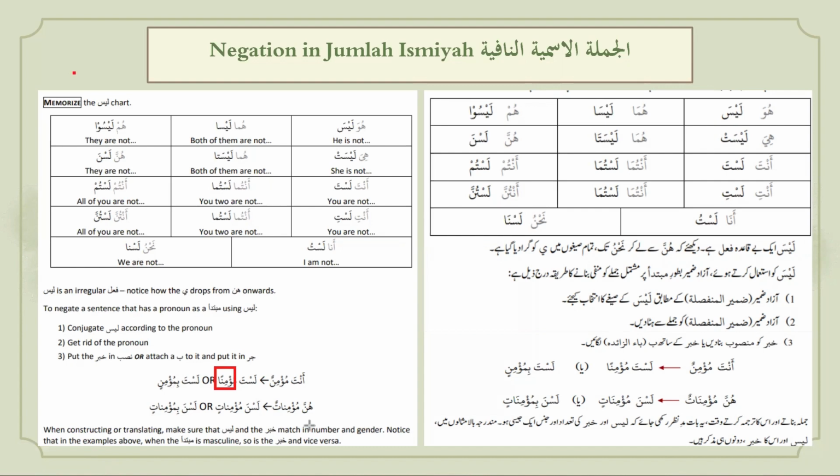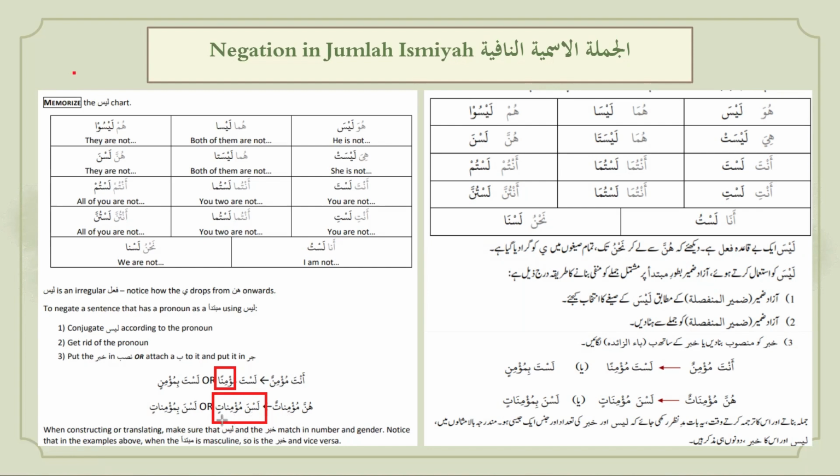And then you have another example, hunna mu'minatun. So this is hunna, so you take lasna. One way you can say lasna mu'minatan, with the khabar mansoob, or lasna bi mu'minatin. When you construct this, look, lasna is a hunna form, so feminine and plural.